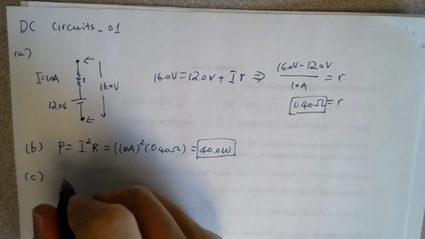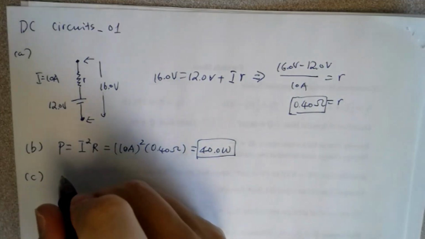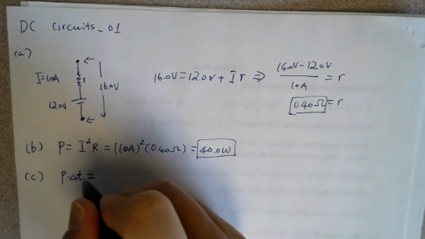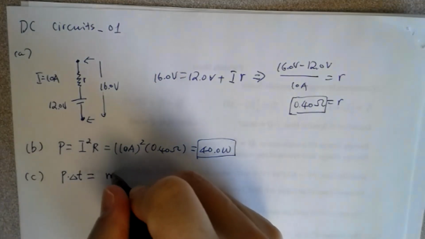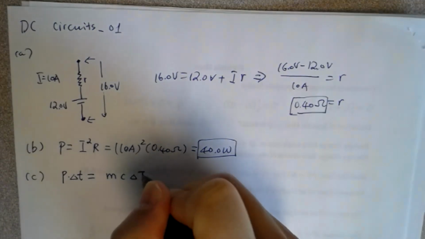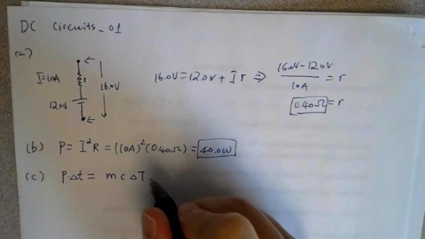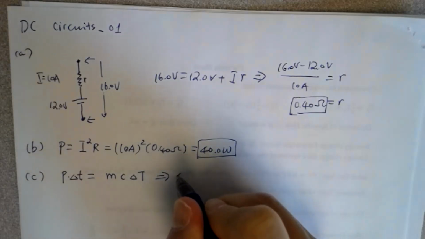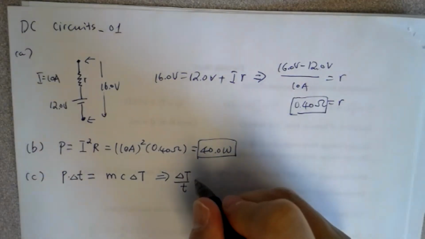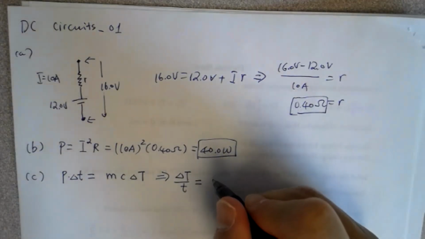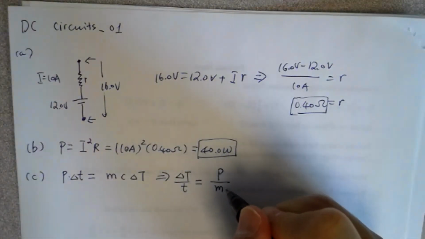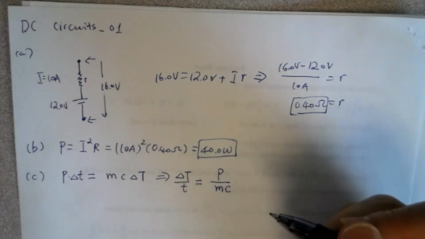It's asking degrees per minute, right? So we can do P times delta t, which gives you the heat, which is m c delta T. You are looking for degrees per minute, that means delta T over small t, where small t is in a minute. So from this equation, that should be equal to P over m times c.